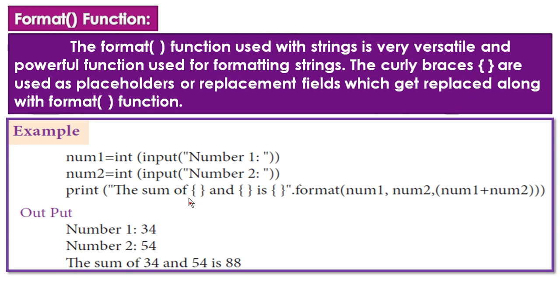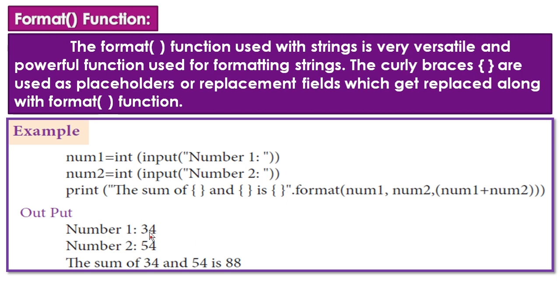We are giving 3 curly braces in this statement, one for num1, a second for num2. These are the replacement fields for the numbers. There are 3 numbers here. One is num1, which is printed here. Num2 is printed here. Num1 plus num2 is printed here. Here is the example.